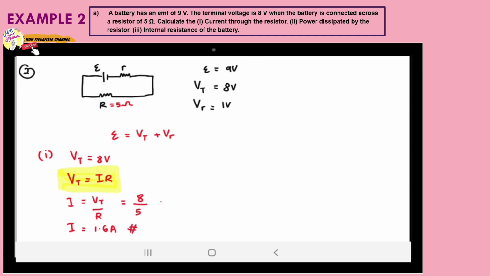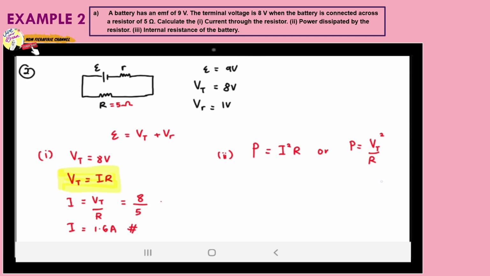Don't forget the unit. Okay, so question 2, the power dissipated by the resistor. We want to calculate the power dissipated by the resistor. Remember, when you want to calculate the power dissipated by the resistor, please use the equation P is equal to I squared R, or P is equal to V squared over R, where V here is the terminal voltage.